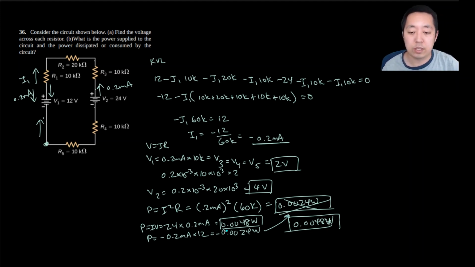So we added the 0.0024 plus the 0.0024 here to get how much is consumed. It's the R's and the 12 volt source, because it's not sending out power. And then what is sending out power? This is the only thing sending out power, delivering power, supplying power.